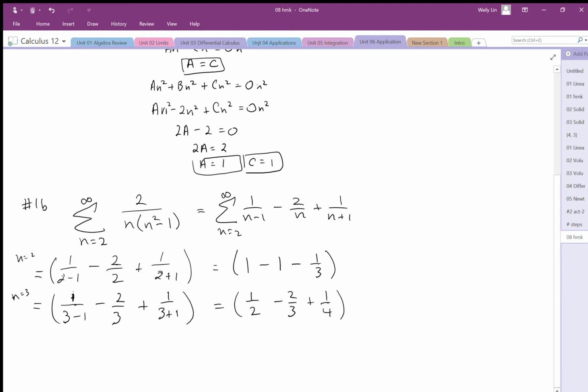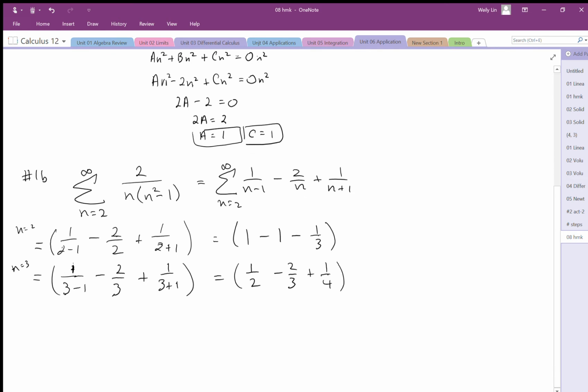Okay, so we can do the next one as well. We can start establishing a pattern here. So n equals 4. This is going to be 1 over 4 minus 1, minus 2 over 4, plus 1 over 4 plus 1.